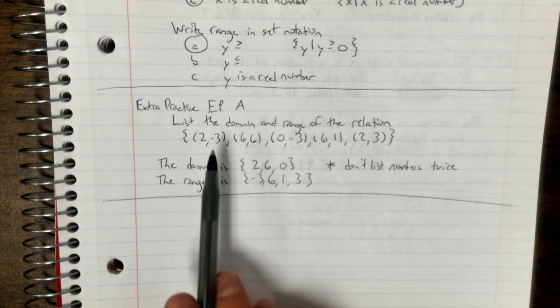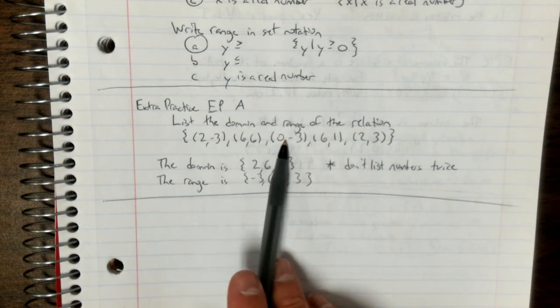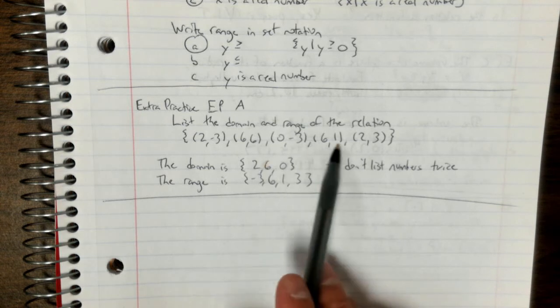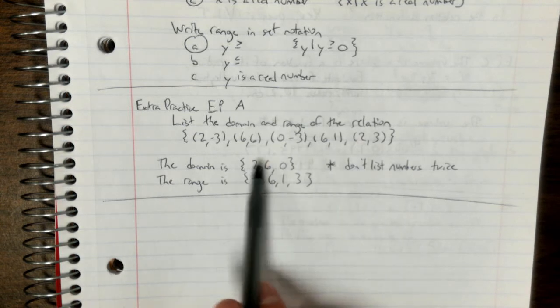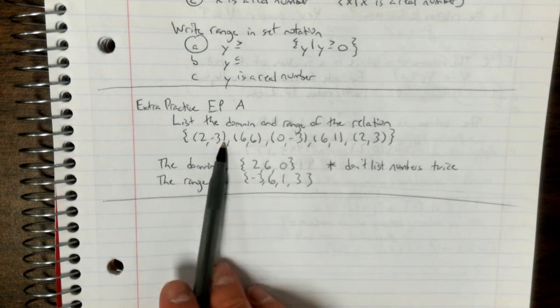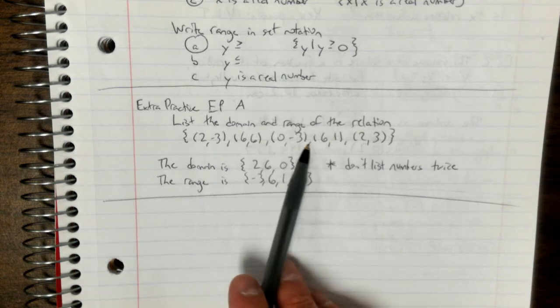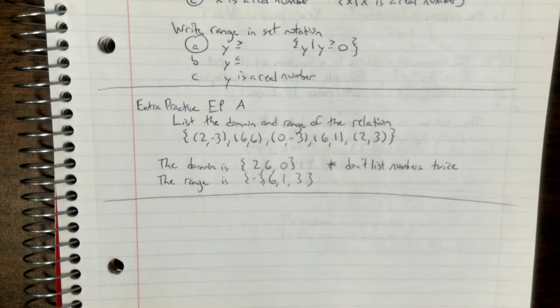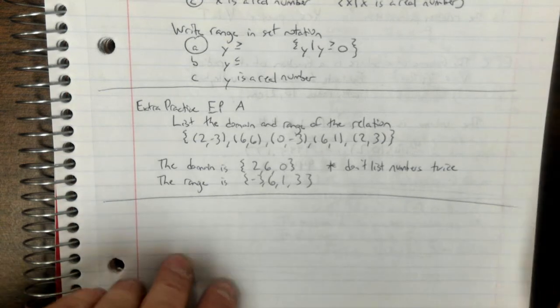So your domain would be 2, 6, and 0, because this 6 is already listed and the 2 is already listed. So you don't have to list your numbers twice. And then for your range, it's going to be your y values, -3, 6, -3, which was already listed, 1, and 3. So that's basically that problem.